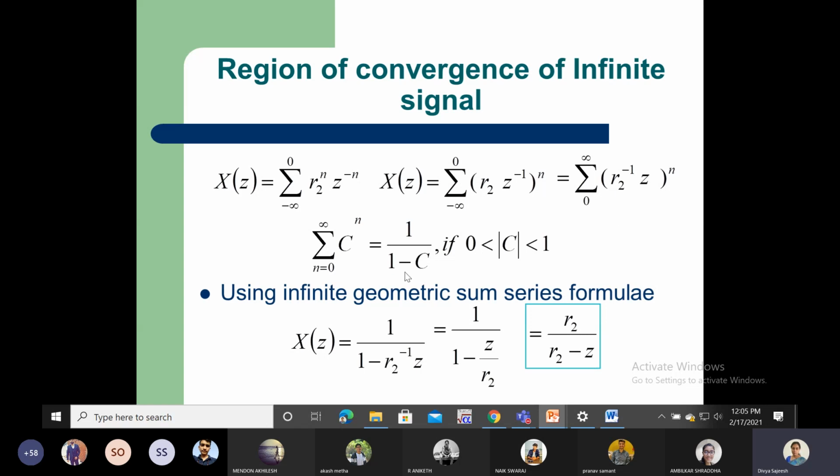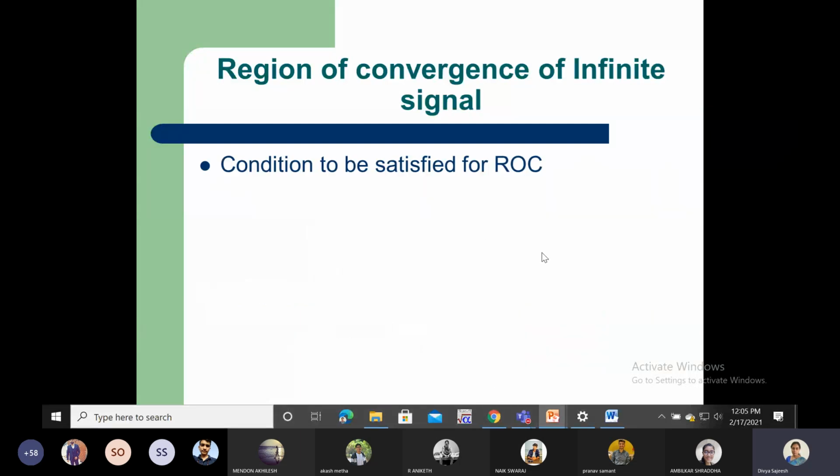For that, again take the condition 0 less than c less than 1. So the condition to be satisfied for region of convergence is that the magnitude of r2 inverse z should be less than 1. So it will be z by r2 less than 1, or z should be less than r2.